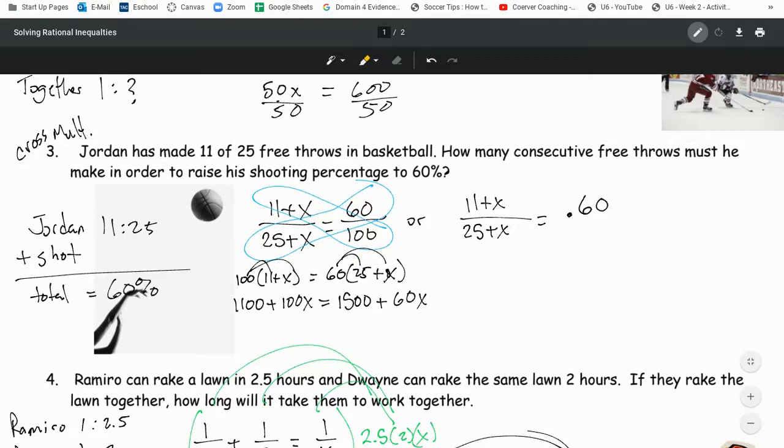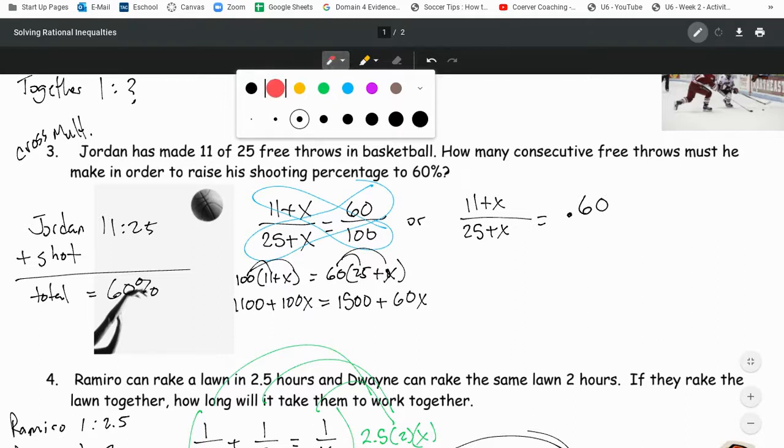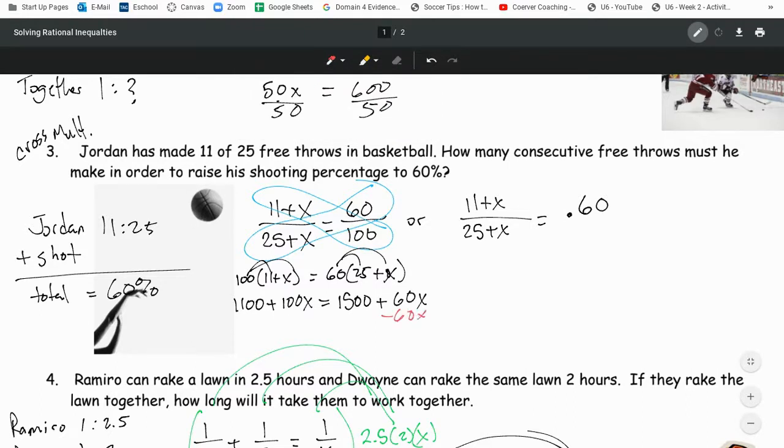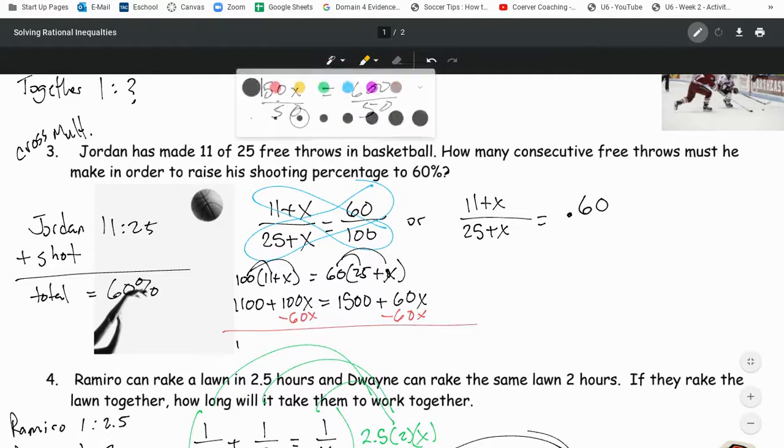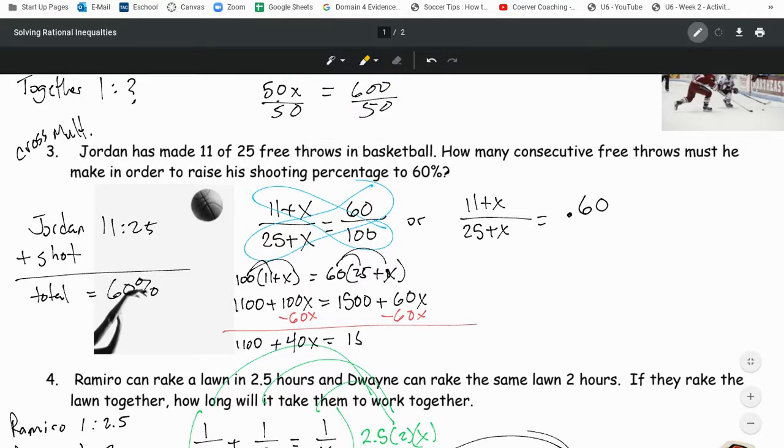And then I start solving. I'm going to move the 60x over. That gives me 1100 plus 40x is equal to 1500.